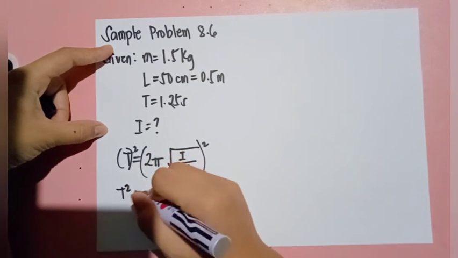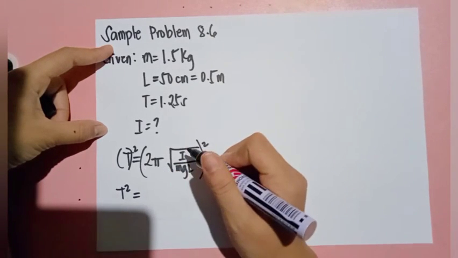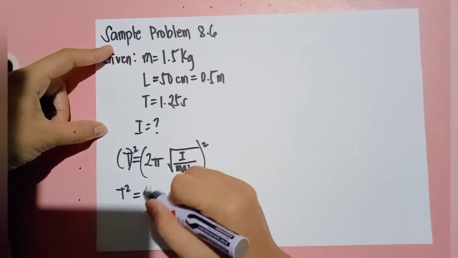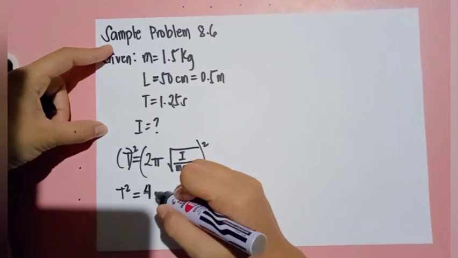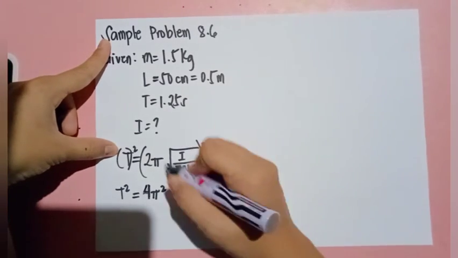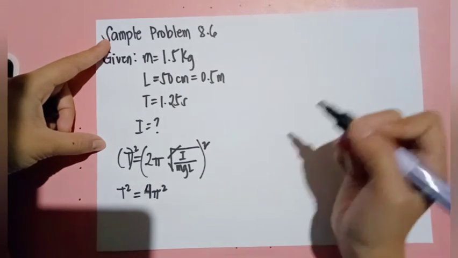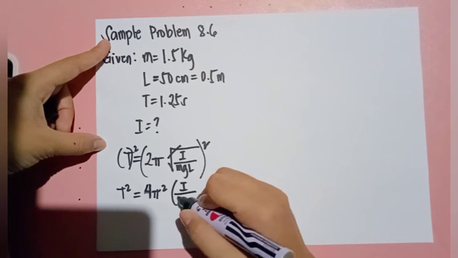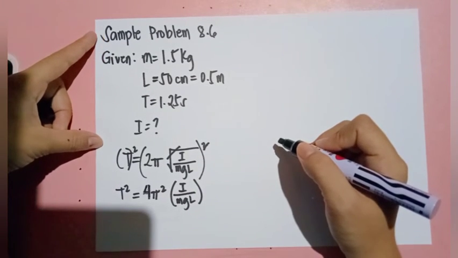So T squared equals the square of 2 is 4, the square of pi is pi squared, of course. And then this one right here can be cancelled as well. So that will be mgl.